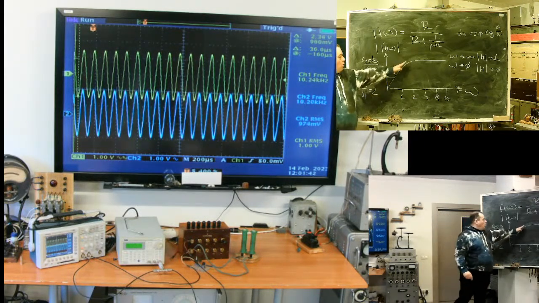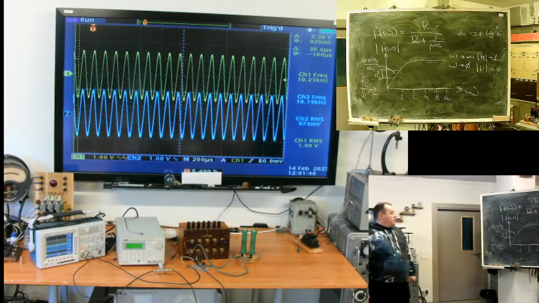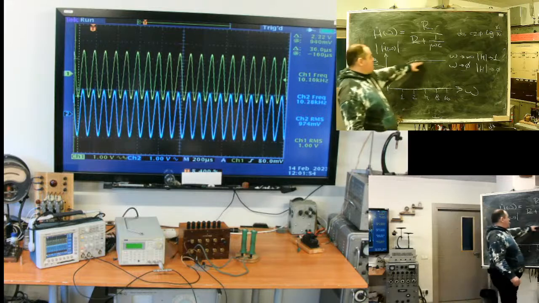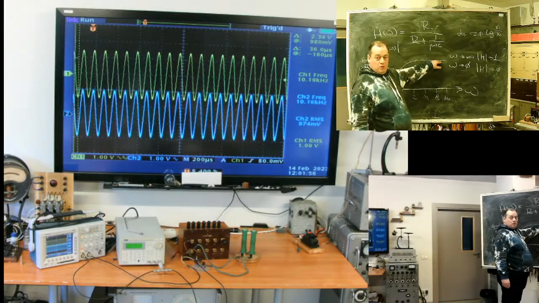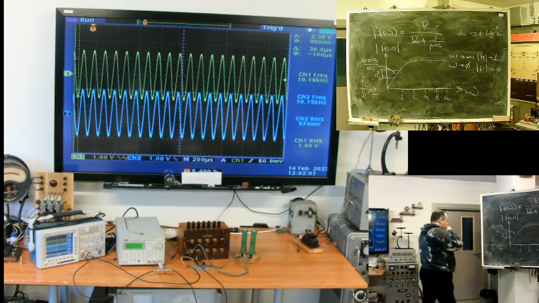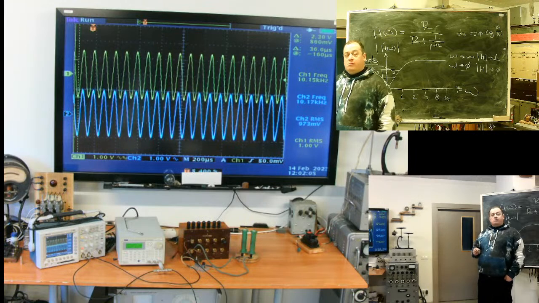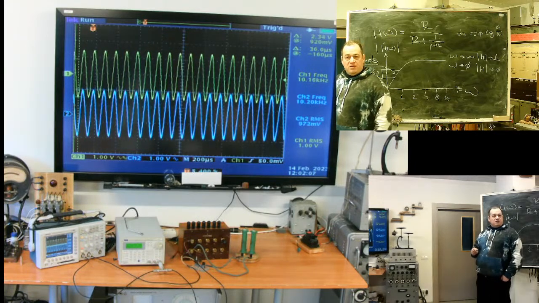So on a slope, before the knee point, output doubles on each doubling of frequency. Here, asymptotically, it will go to unity. What can we say about this network? Does it suppress low frequencies?